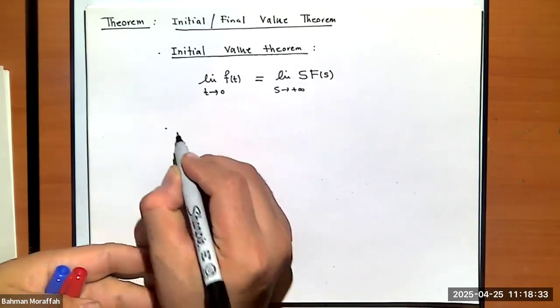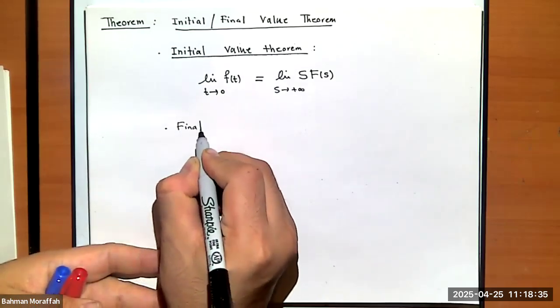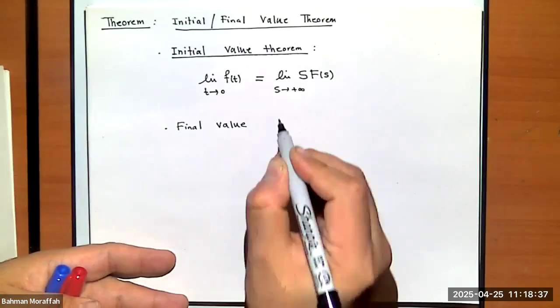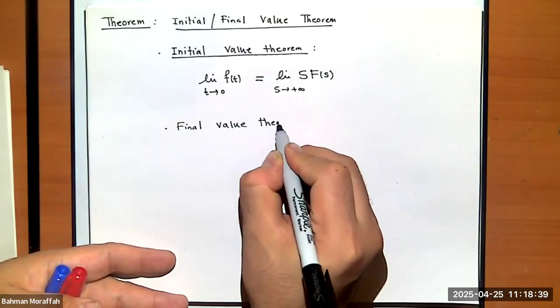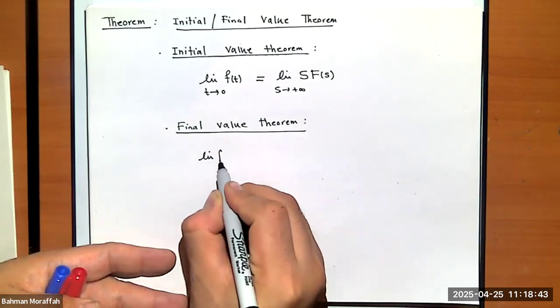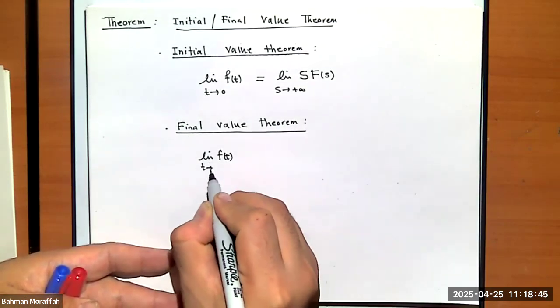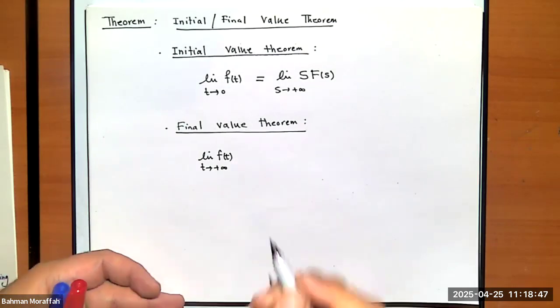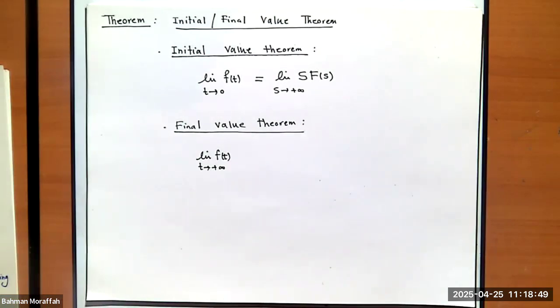I can say the same thing for the final value. So I have this final value theorem, which tells me if I want to find the value of f(t) when t approaches infinity, one way is to compute f(t) and then see what it is at time infinity. But if I'm doing the Laplace transform of it, I don't really have to go back to time to know what it is at time infinity.